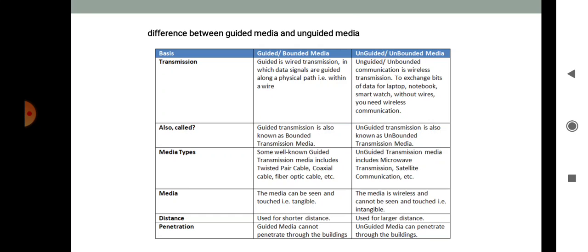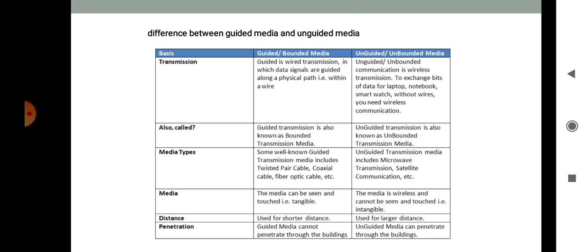Then here is the comparison between guided media and unguided media. Here is the transmission between these two media. In guided, it is wire transmission in which data signals are guided along the physical path within a wire.